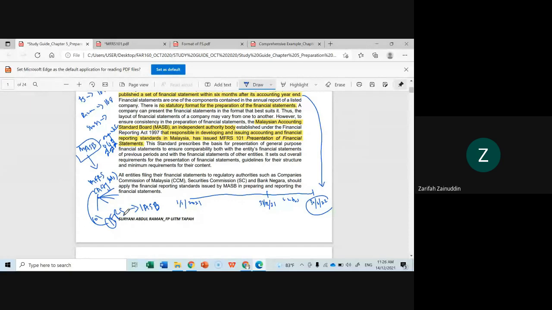Well, madam. Because an accounting student, this is very important knowledge for you. Even though it's not tested in your final exam, it's very important for you to know it, because this is your world. This is our world. As an accounting student, this is the thing that we need to know. Kita bukan nak tahu TikTok, kita bukan nak tahu all the social media yang not relevant to us.